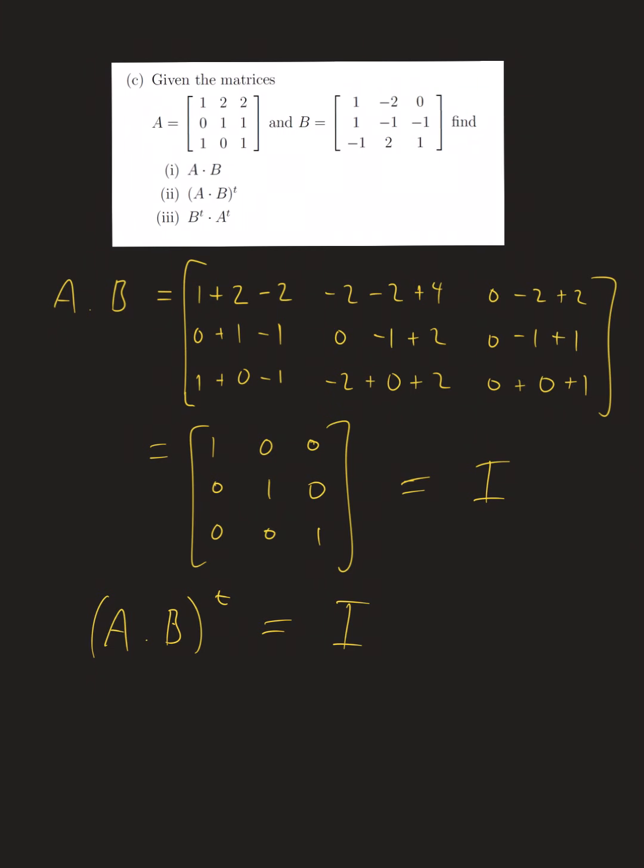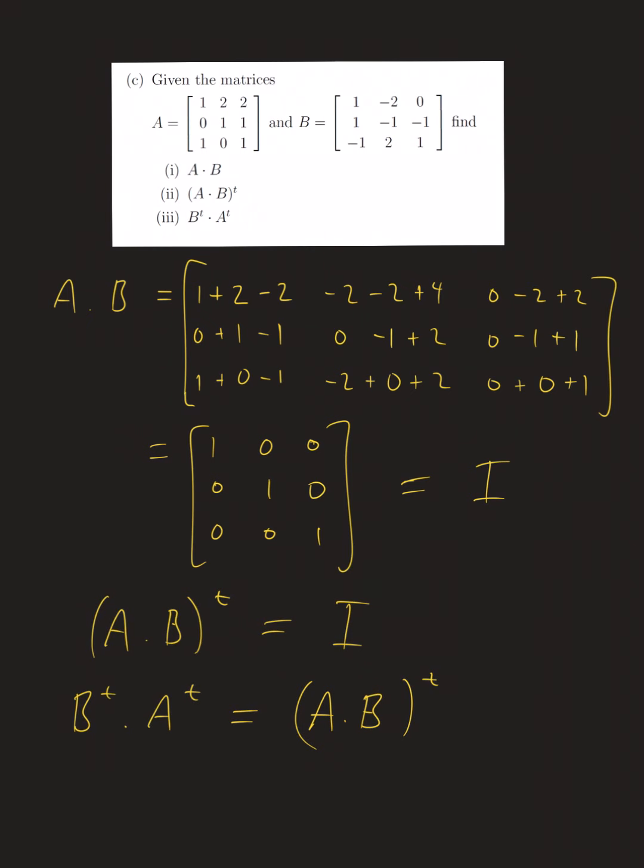Finally, we're asked for B transpose times A transpose. Now, there's a special property of transposes that we can use here. It's generally true that B transpose times A transpose is equal to A times B transposed.